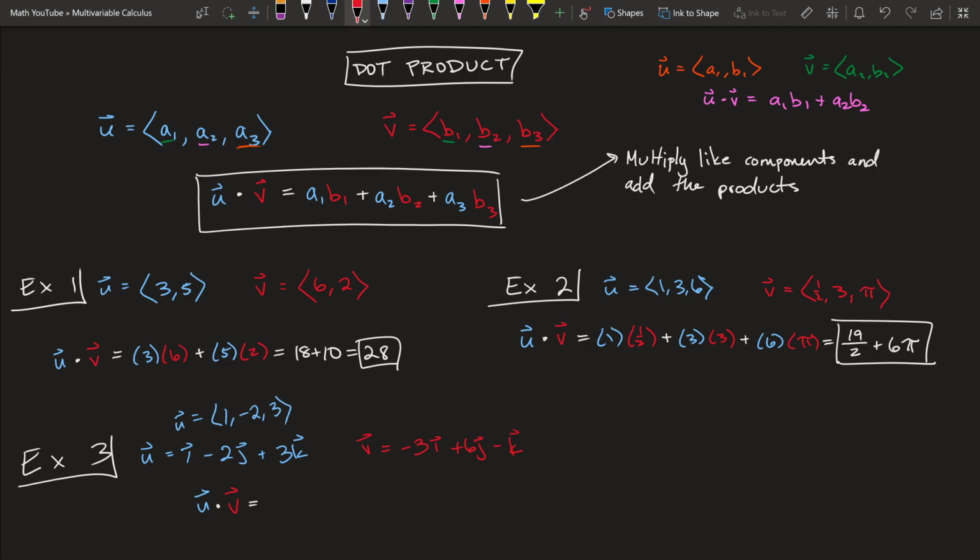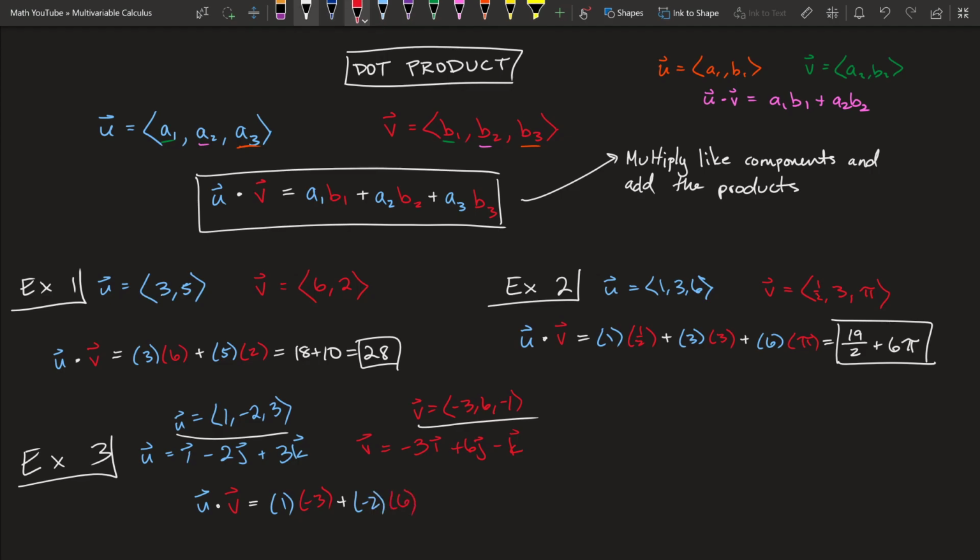Likewise, V really looks like the vector negative 3, 6, negative 1, which makes the dot product a lot easier to compute. Using the methods up here, we can clearly see that we multiply the first components together, which is the 1 and the negative 3. We add to that the second components multiplied together, which is the negative 2 and the 6. That negative 2 was a little sloppy, let me fix that.